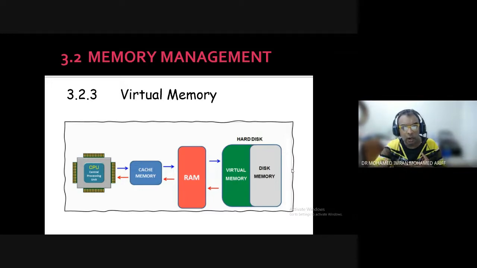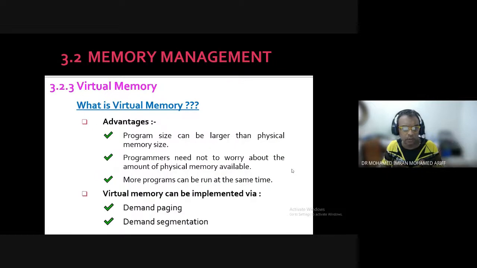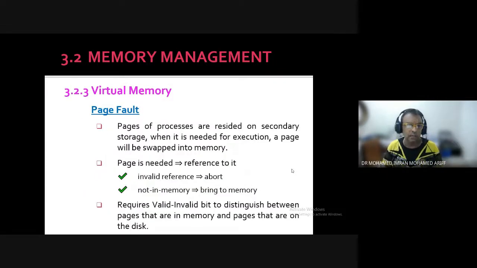That is why automatically the operating system takes a small portion of the hard disk and converts it into physical memory. So the section that is converted from hard disk to physical memory is what is known as virtual memory. Okay, so you can read on your own what is virtual memory.